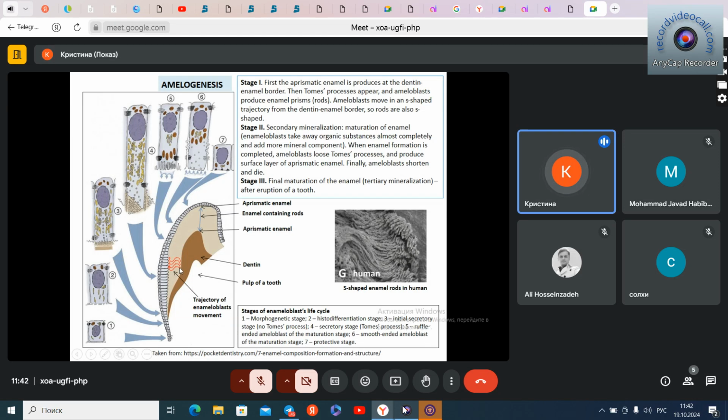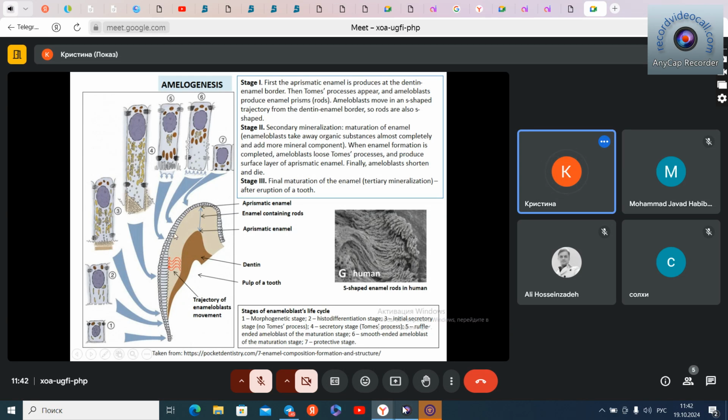When it starts to produce rods, every cell moves in this S-shaped trajectory, S-shaped way, and this causes the S-shaped structure of every enamel rod. So S-shaped enamel rods are due to the way of the enameloblast producing these rods.